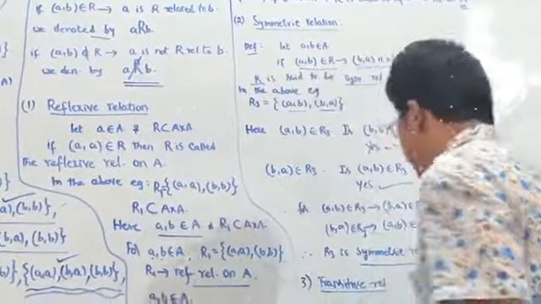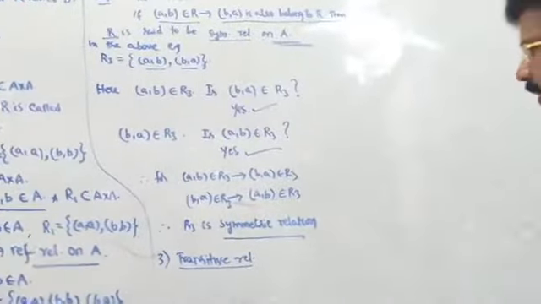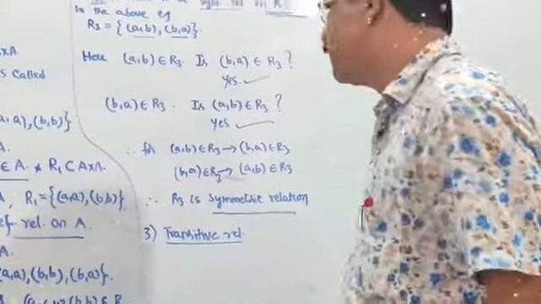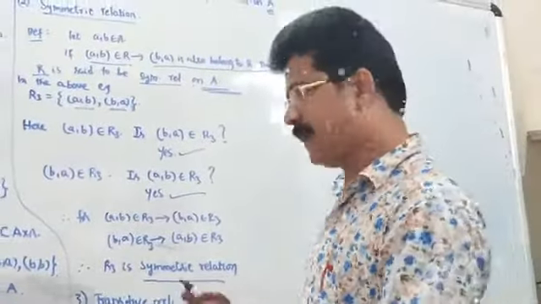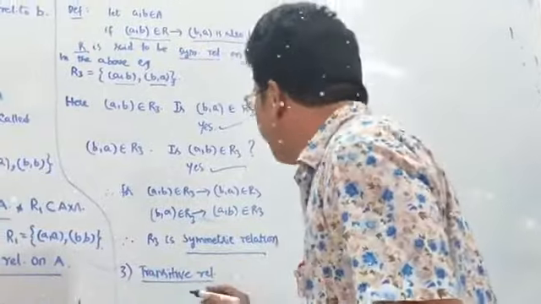Next, the third one, transitive relation. Transitive relation means what? First, I will write the definition.